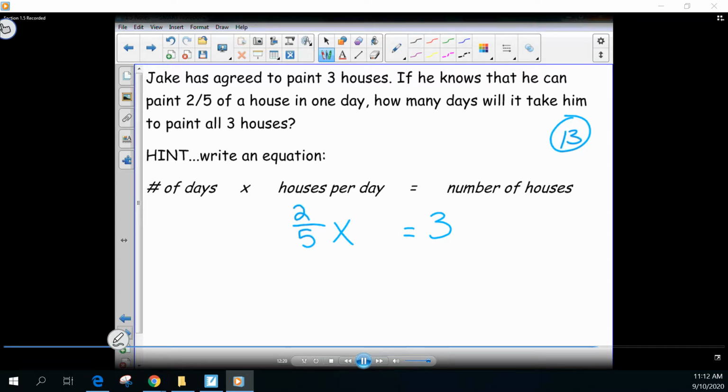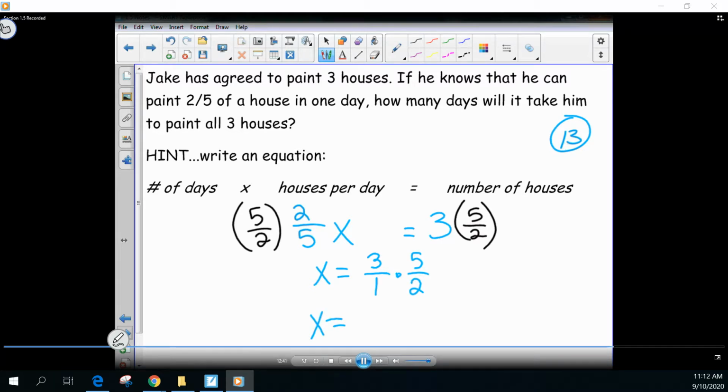So we have to flip and multiply. So I'm going to take both sides times 5/2. So on the left I have x equals, and on the right I would have 3/1 times 5/2. So 3 times 5 is 15/2.